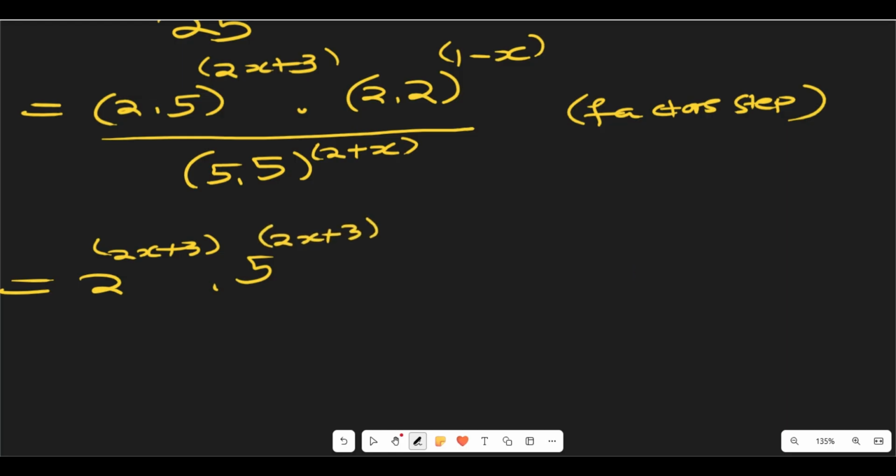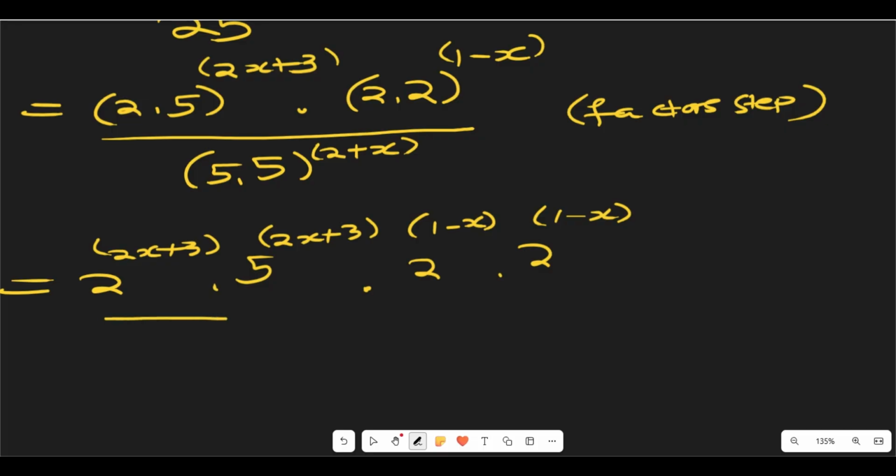And then you multiply it by 2 to the power 1 minus x, like this, separate. You break it, and then you say 2 to the power 1 minus x again, separate. You are done with the numerator.